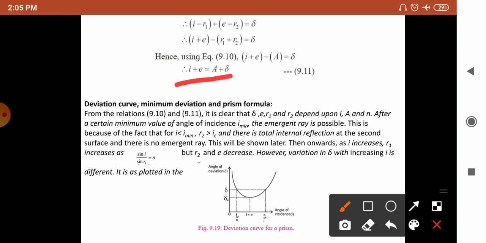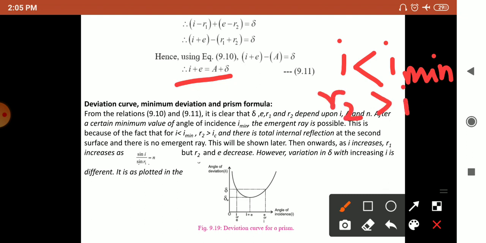This is because for I less than the minimum value of angle of incidence, R2 is greater than IC, that is the critical angle, so there is total internal reflection at the second surface and there is no emergent ray. This will be shown in this diagram.